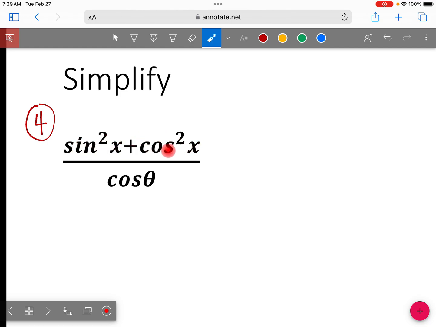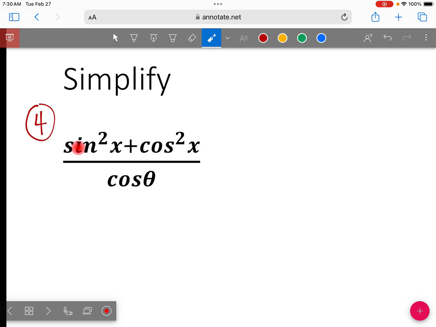Sine squared plus cosine squared. That's the Pythagorean identity. Good. And if you look on your pink sheet, I think it's the first thing under Pythagorean identity. It's that second section, yeah.